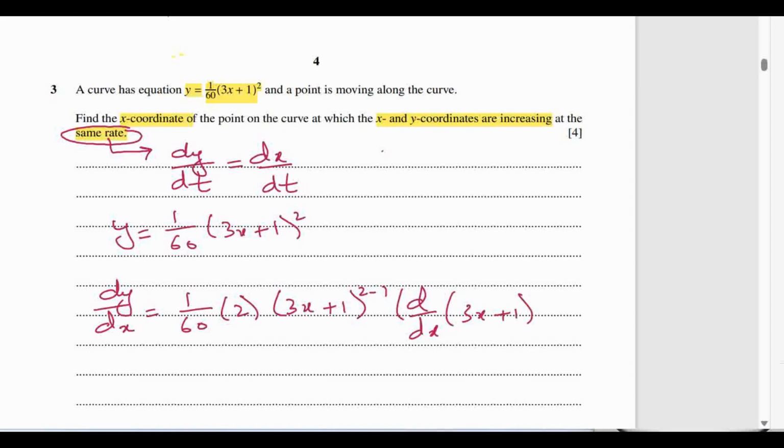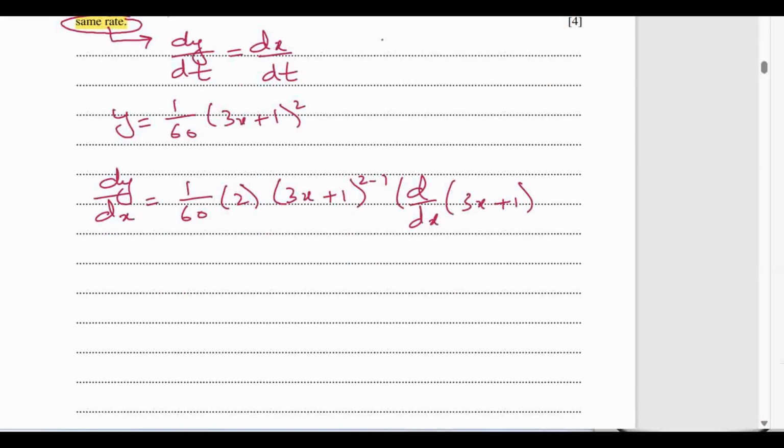Now this will be equal to 1 by 30 into 3x plus 1 into 3.